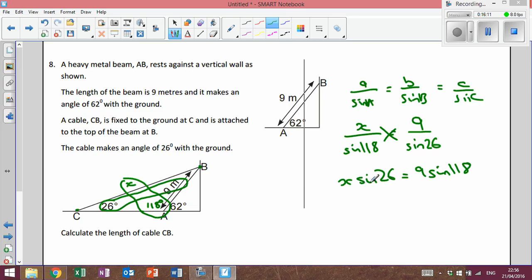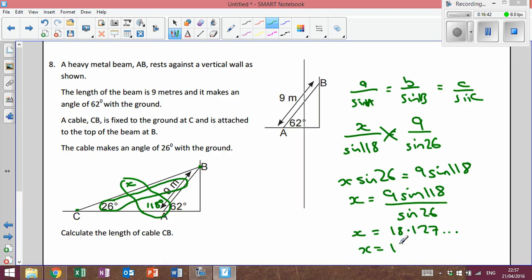And then we need to get rid of a times by sine 26. So it's 9 sine 118 over sine 26. Okay, go to your calculator. Which is x equals 18.127, and so on.